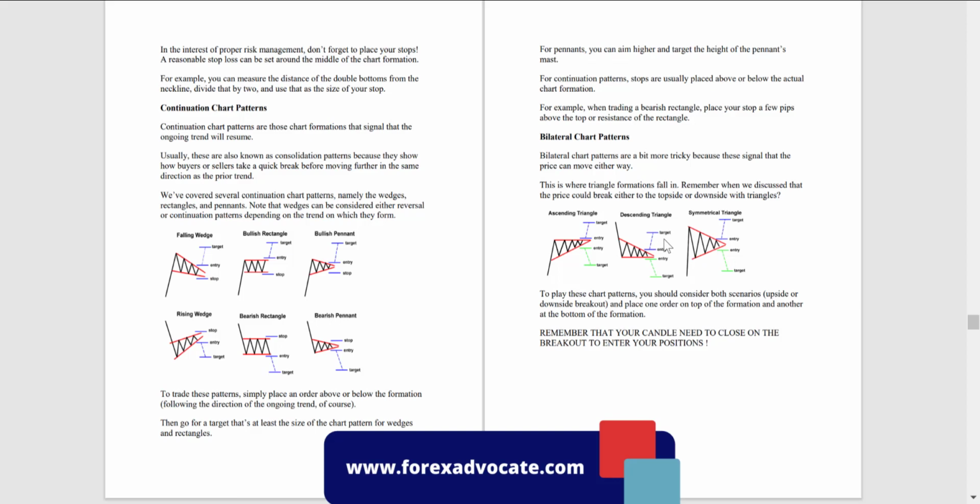These bilateral chart patterns, they are the third group. Your market can decide to move up or down. It can move anyway. So when you see those kinds of chart patterns, you have to be patient to make sure that you see the movement of the market outside that chart pattern, so that you know where your market is actually going before you make your trade decision.